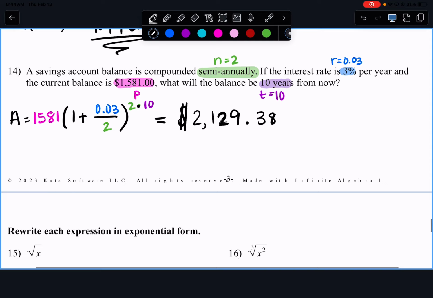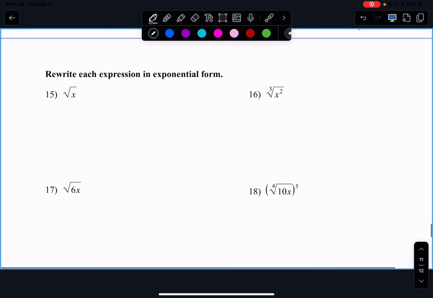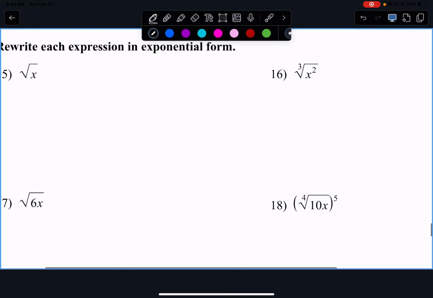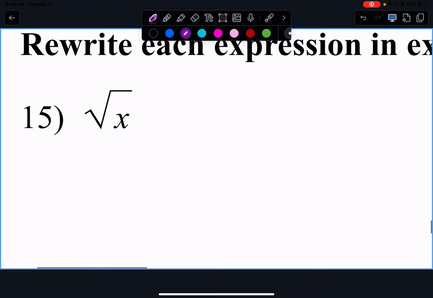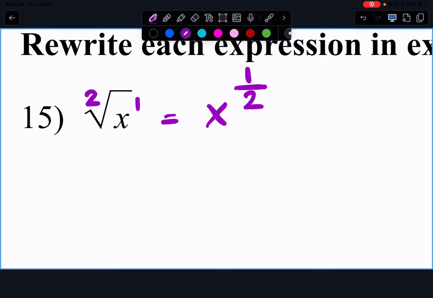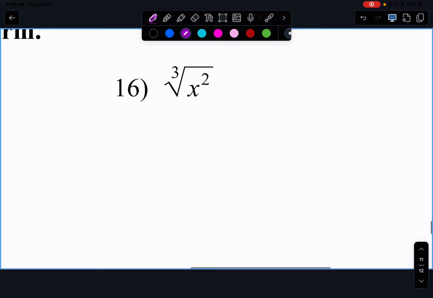All right. Now, for this one right here, we have to rewrite these radicals as an exponent. So let's look at the 15. The root on this one is understood to be 2, and it has an understood power of 1. Now remember, your power goes to the top, like the leaves, and your roots go to the bottom, like a tree. So for 16, it's going to be x to the what power? 2/3.